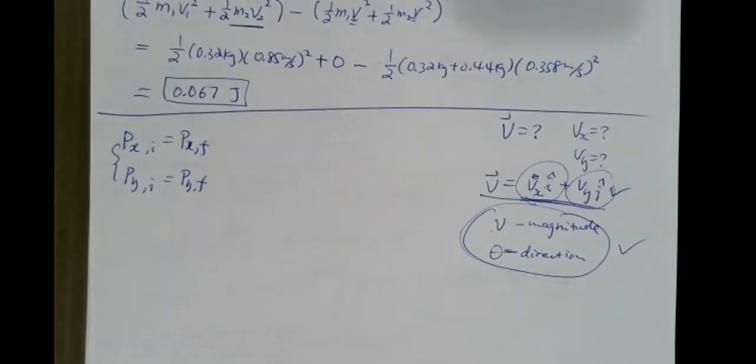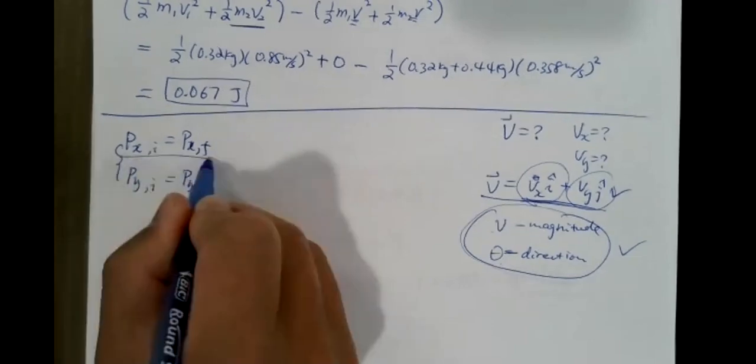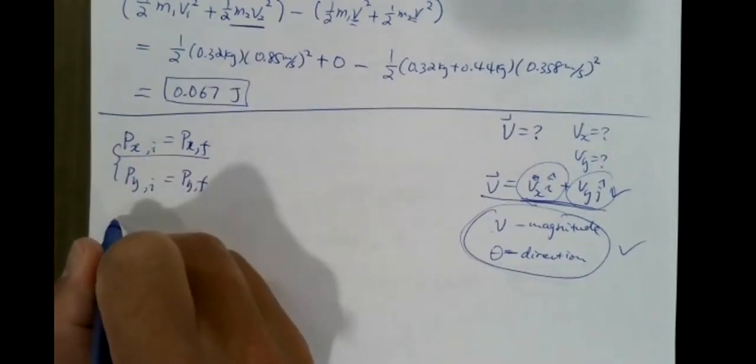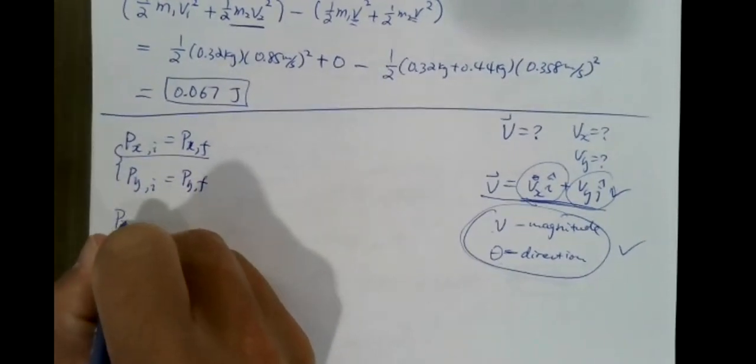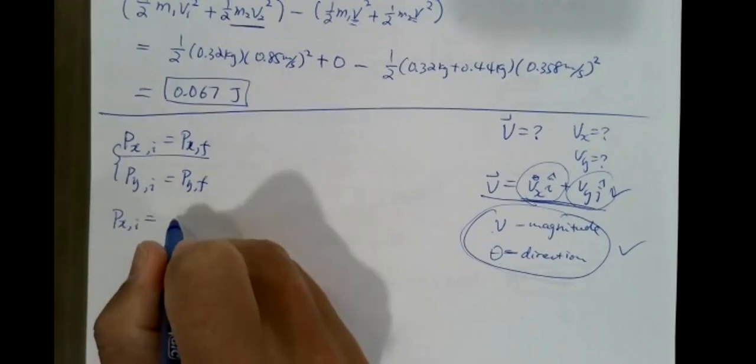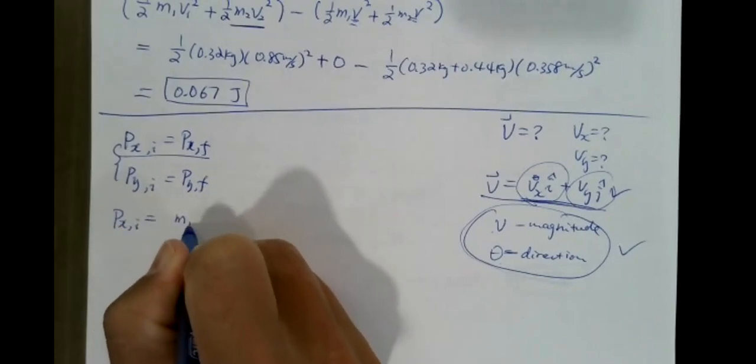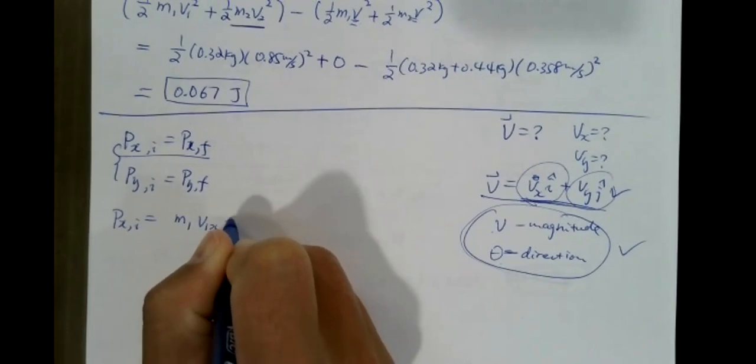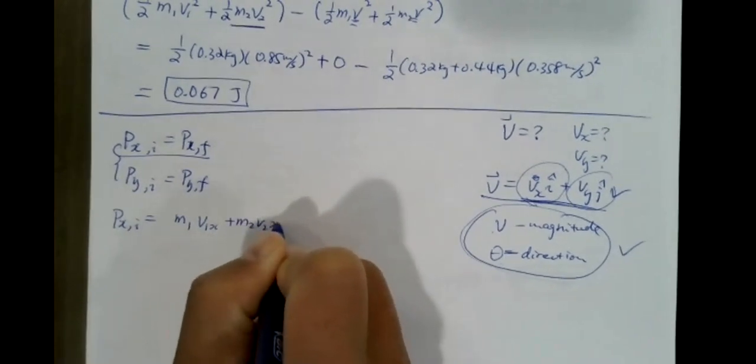So for the x direction first, initial x momentum is going to be equal to m1 v1x plus m2 v2x.